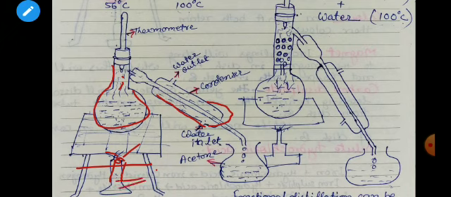Now students, we will discuss fractional distillation. The boiling point of ethyl alcohol, students, you know, is 78 degrees Celsius, while that of water is 100 degrees Celsius, and the process of simple distillation cannot be used because the vapors of both liquids will rise simultaneously upon heating the flask.